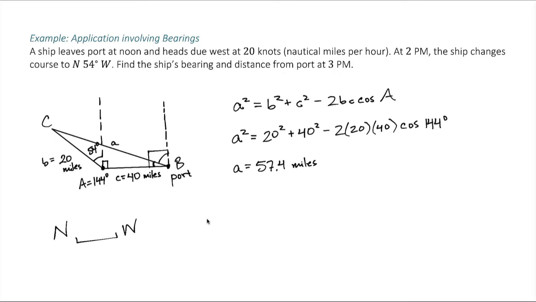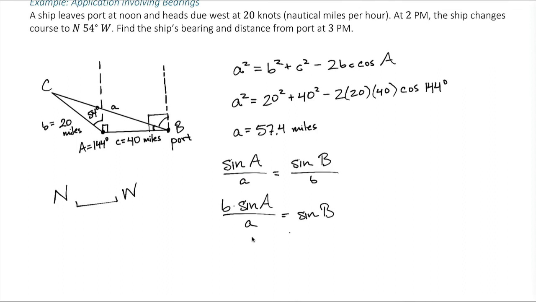I'm going to use the law of sines here because I've got side length A and angle A and side length B, and I'm looking for angle B. So the law of sines: sine of angle A over side length A equals sine of angle B over side length B. Since I'm looking for angle B, I'm going to multiply by side length B. So B times sine of A over A equals sine of B.